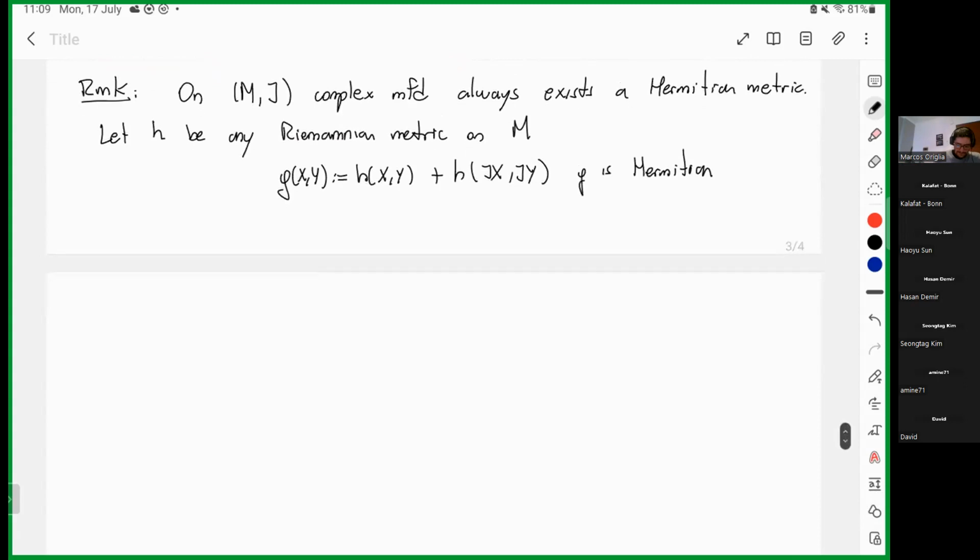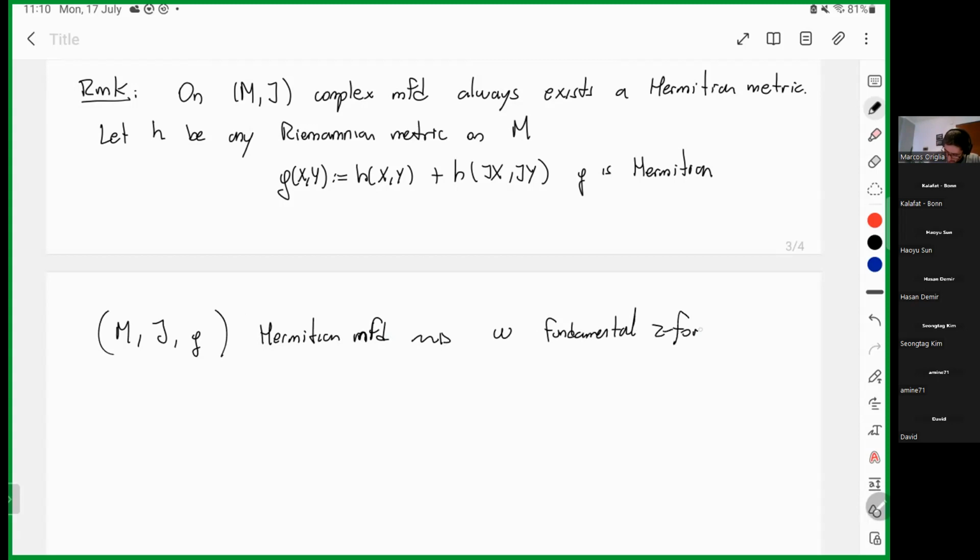So the existence of the metric is not a problem. With this, we can introduce omega. So now we have our three things: the manifold, the complex structure, and the Hermitian metric. We are always assuming the compatibility between J and G. With this ingredient, a Hermitian manifold, we can define the fundamental two form, omega.